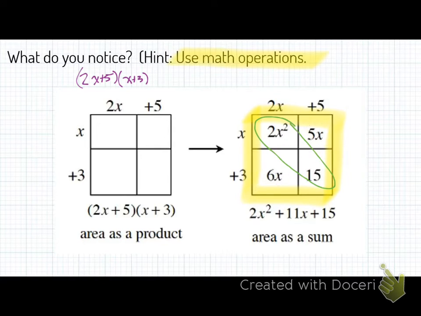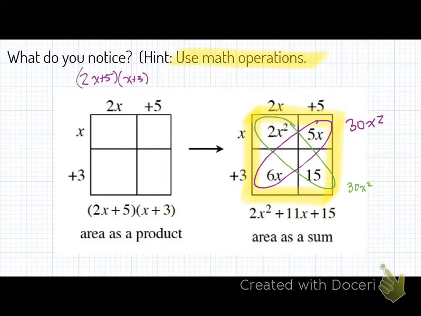So if I multiply these green numbers together, I get 30x squared. One more time. So 2x squared times 15 is? Good. Thank you. And then 6x times 5x is? Good. Did you all see that?